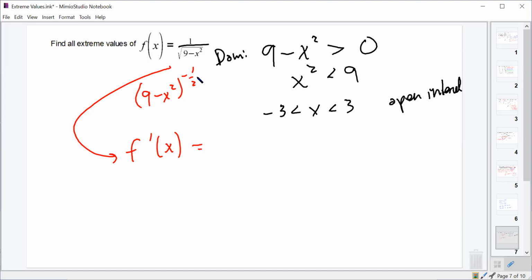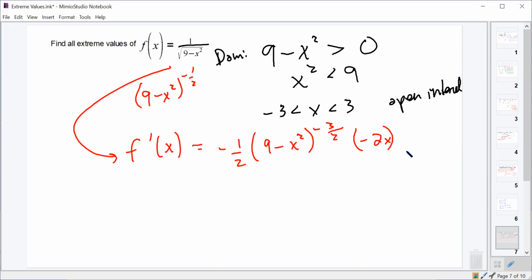It should become negative 1/2 times 9 minus x squared to the negative 3/2 times the derivative of 9 minus x squared, which is negative 2x. That's the chain rule: u to the negative 1/2 becomes negative 1/2 u to the negative 3/2 times the derivative of u.